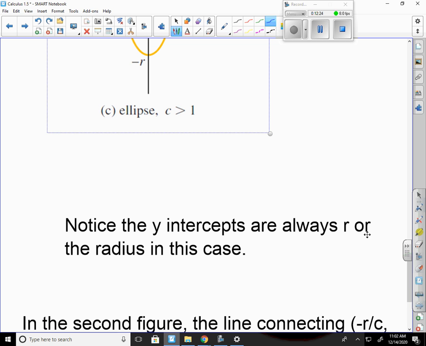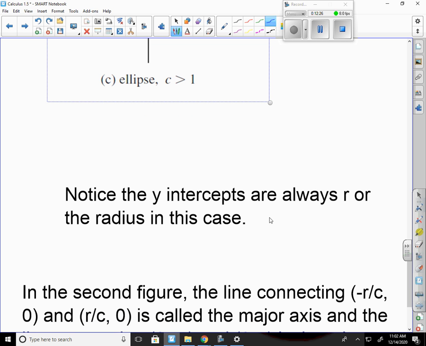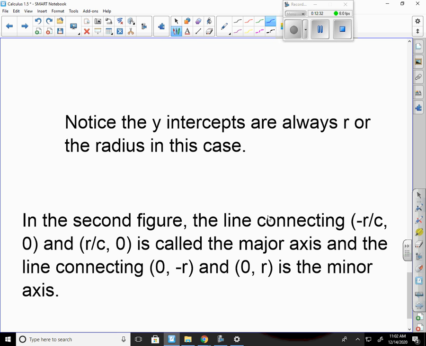Notice the y-intercepts are always r, or the radius in this case. Then in the second figure, the line connecting negative r over c, 0 and r over c, 0 is called the major axis.